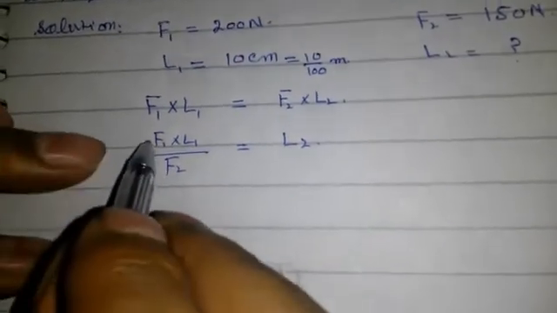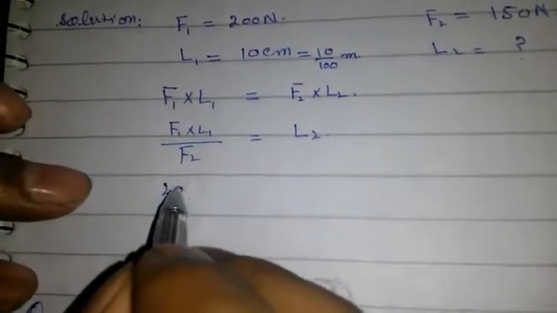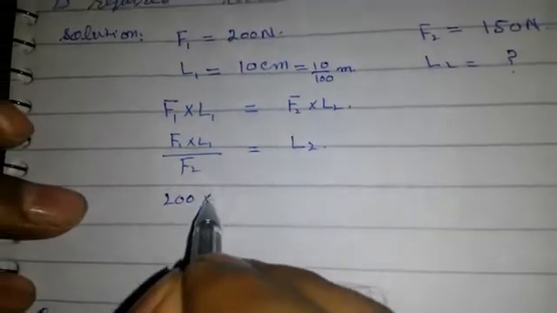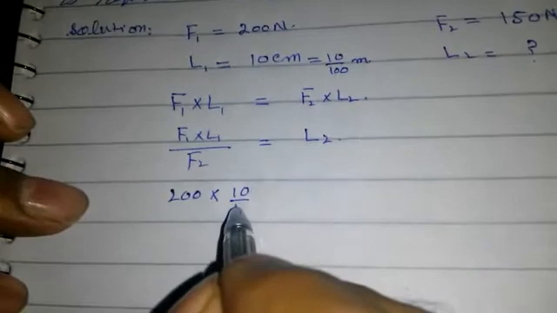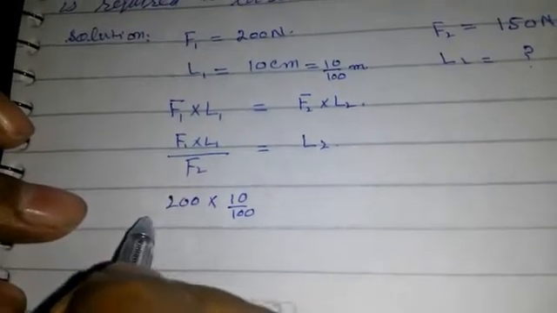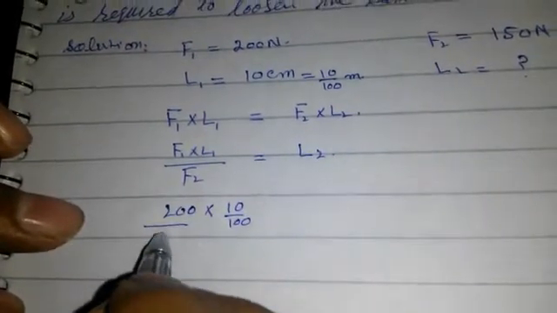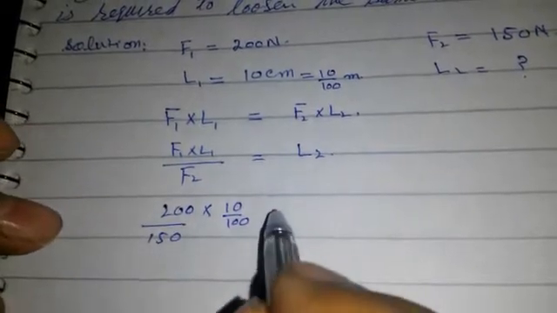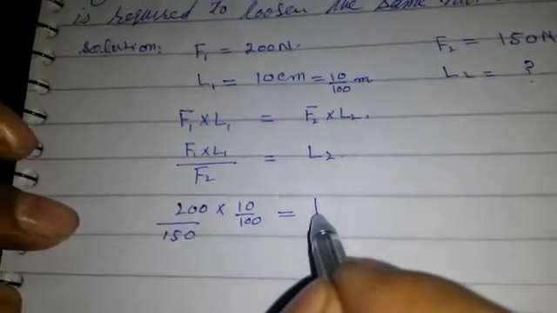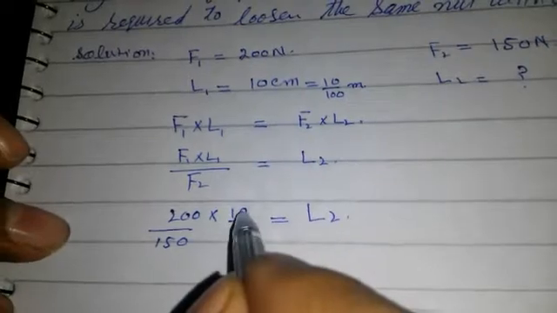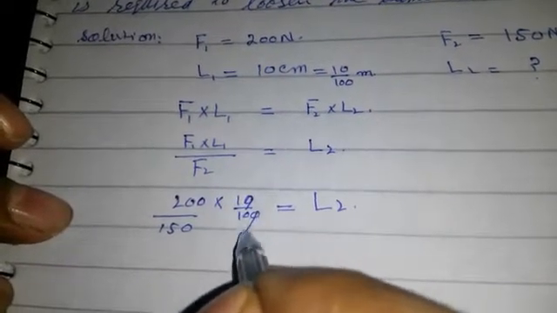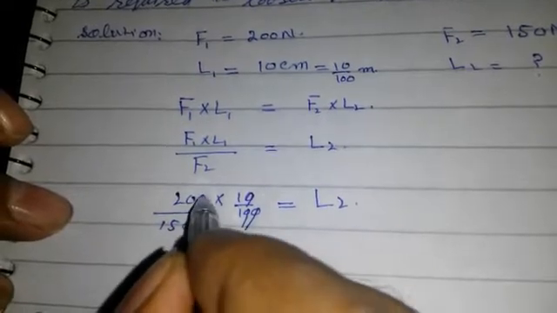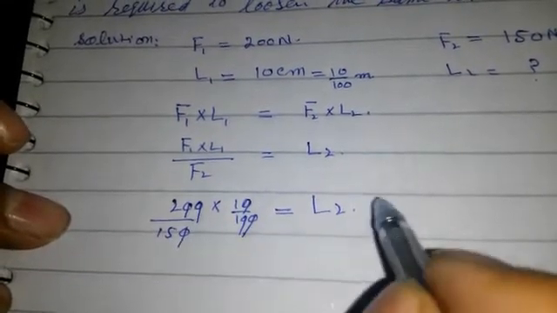Now putting values, F1 200 into L1 10 over 100, over 150, is equal to L2. Cancel this with this, this with this, and this with this.